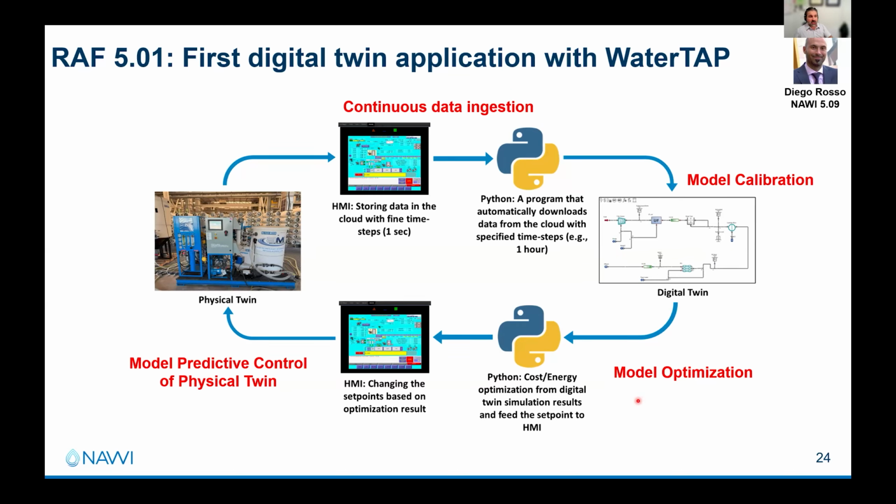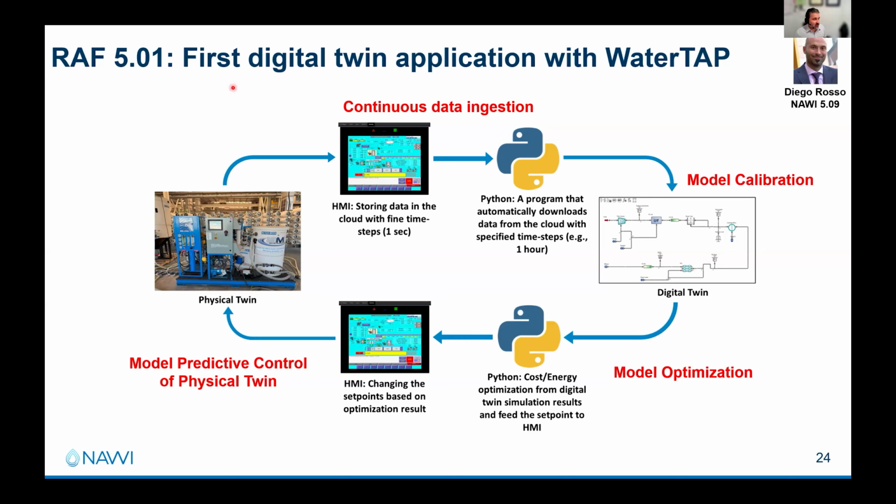So if I have a variable electricity price signal, how should I adjust operation of my system in response to that electricity price signal to reduce energy costs for my system? Okay. So model optimization followed by model predictive control of the physical twin. So whatever the optimization results showed, you'd use those results to change the next set point of the physical twin over the next hour. Okay. This was done on an hourly resolution.